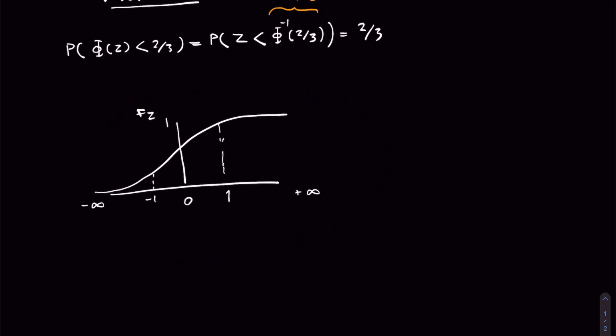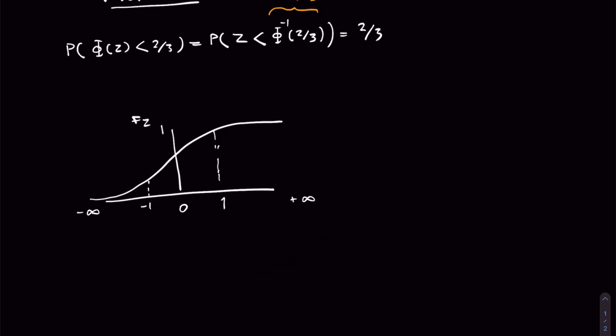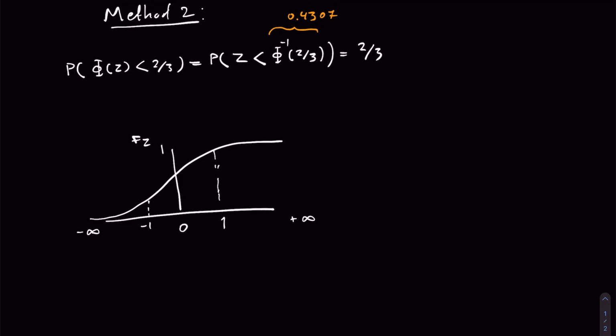What we are doing by calculating this expression, when we put in the 0.4307, is essentially asking what is the probability of this event here.